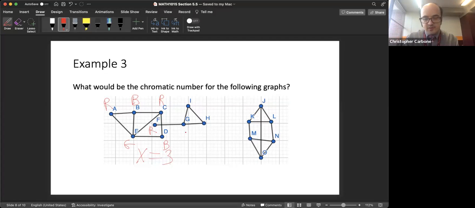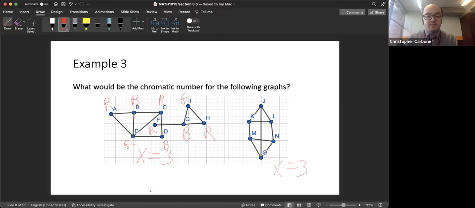And over here we have blue, red, and green. So that way we don't have any of those adjacencies. Again, that's the smallest number it could be colored with. The one on the right, the smallest one for this one would be 3 as well.